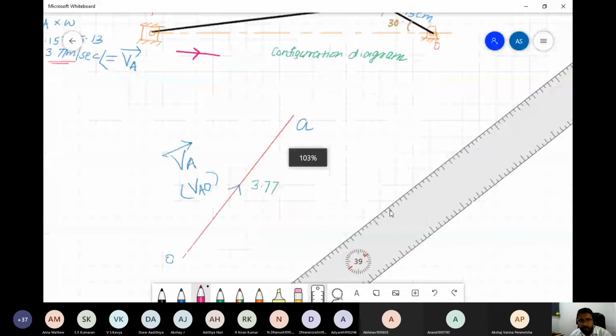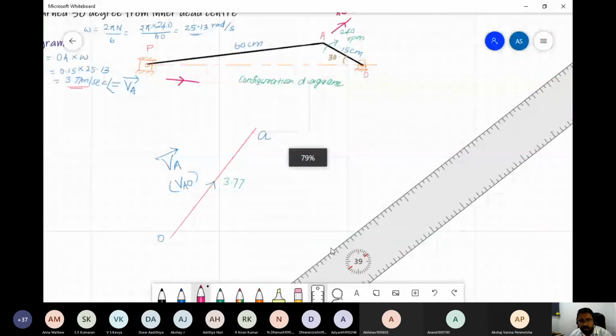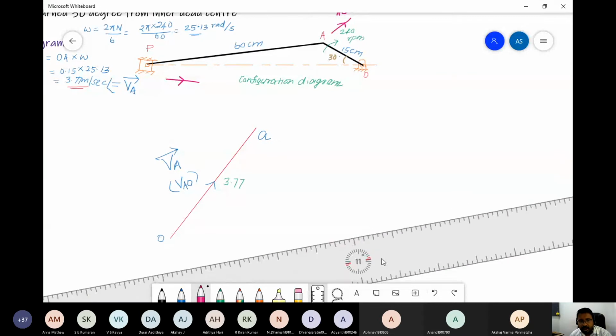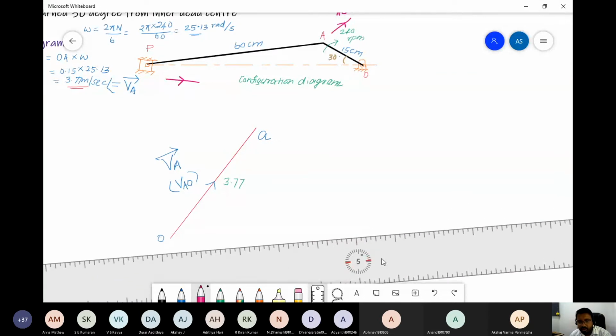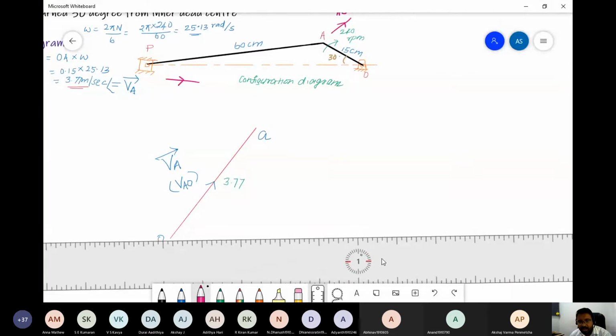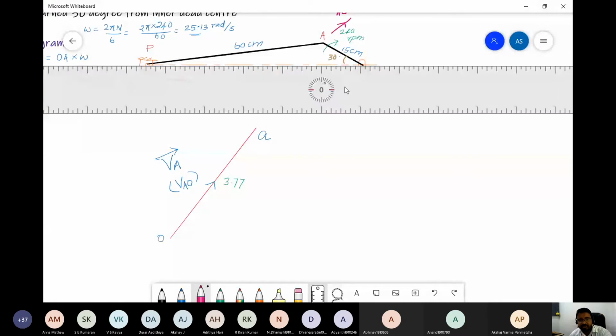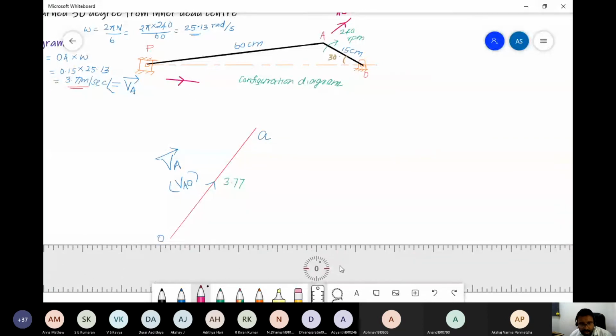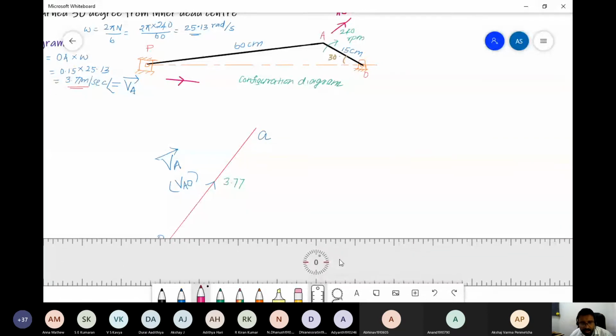We don't know, because according to the given data, the magnitude is unknown, but we can compute it from the other vectors. So this is the direction in which this vector is moving. So I am taking the drafter and just moving downward and drawing this line.